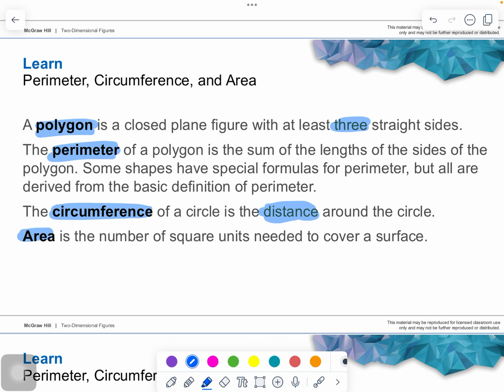And then area is the number of square units needed to cover a surface. So those are all of our terms if you need to write those down. We're going to be looking at those.